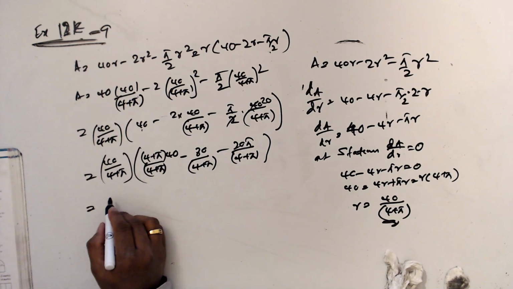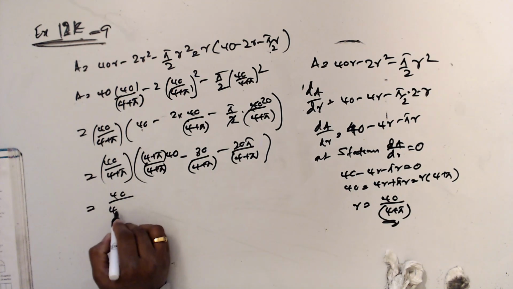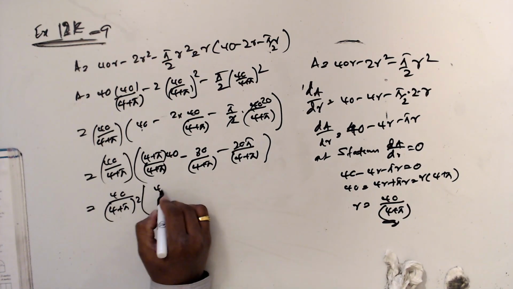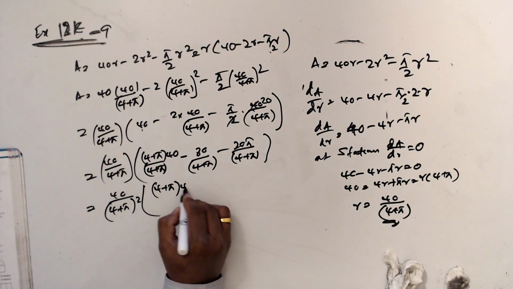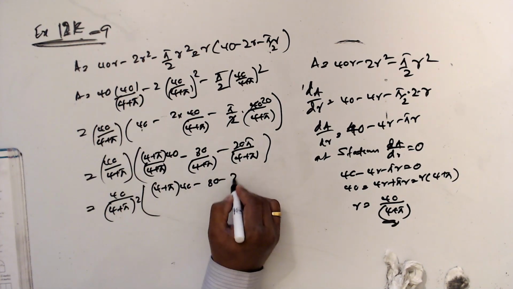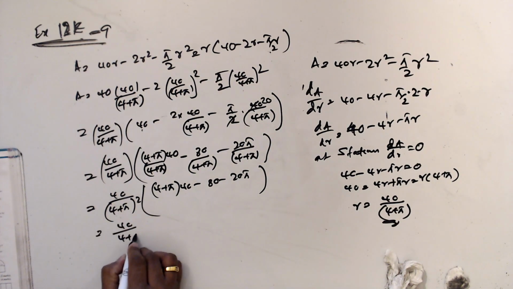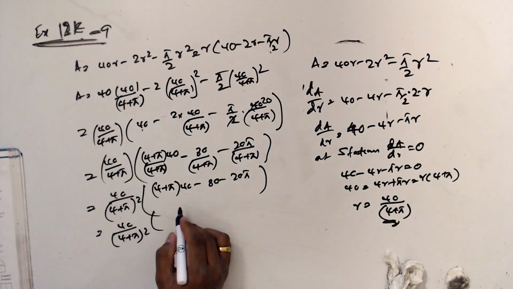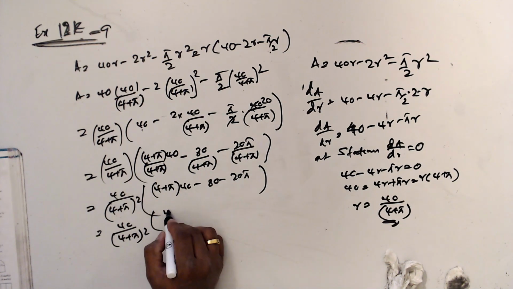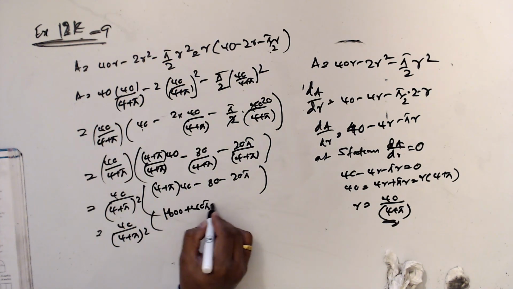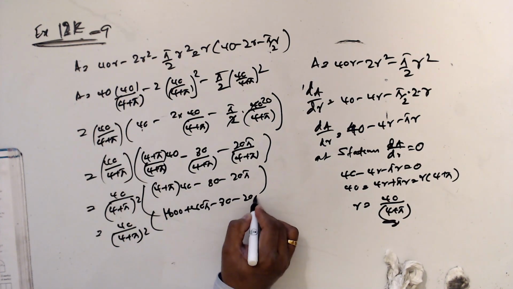Now I can take 40 over 4 plus 5 square. Then 4 plus 5, 40 minus 80 minus 25. So 40 minus 4 plus 5 square, this is going to be 4 times 40, 1600 plus 45 minus 80 minus 25.